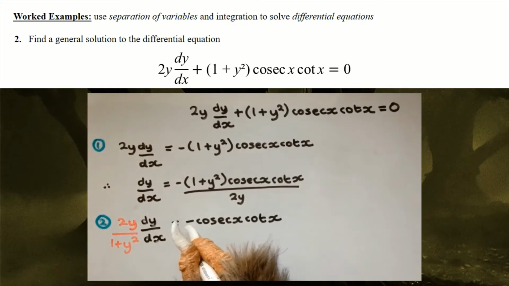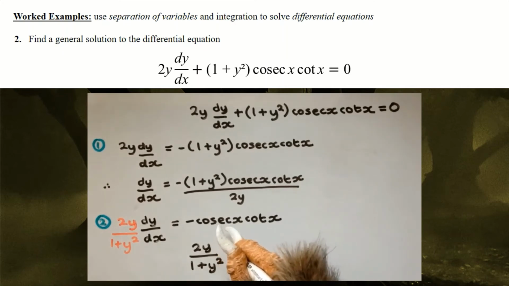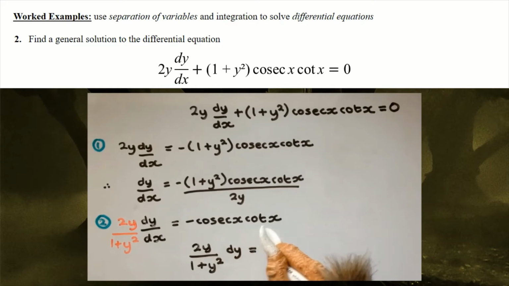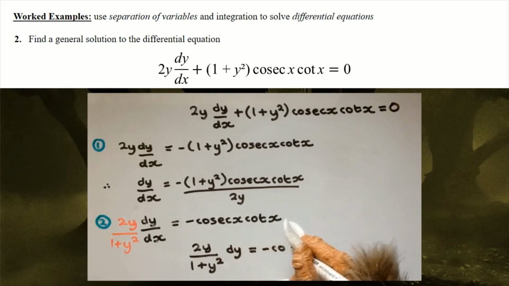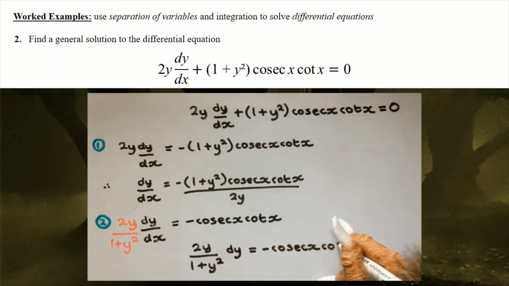So we're going to have 2y over 1 plus y squared dy is going to equal negative cosec x cot x dx.